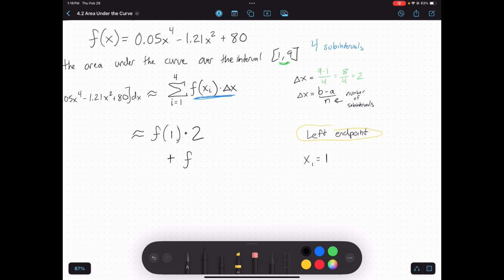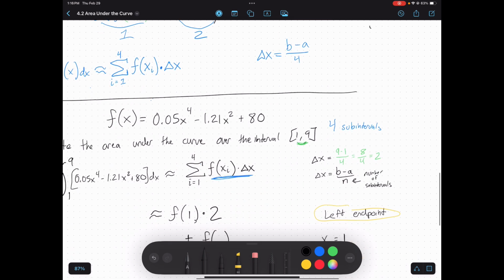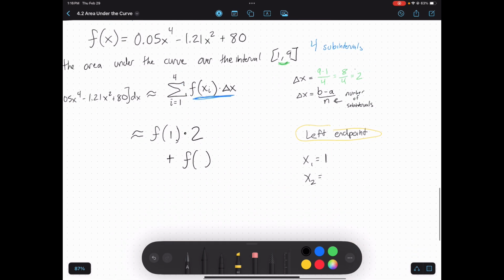Okay, what about my second rectangle? To get my height, I need a new x value. What's x2 going to be in this case? Well, x2 is going to be my next x value after I go a certain distance, that distance being delta x. In our case, delta x is 2.